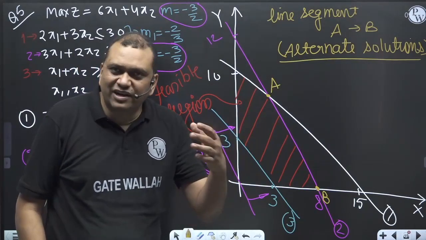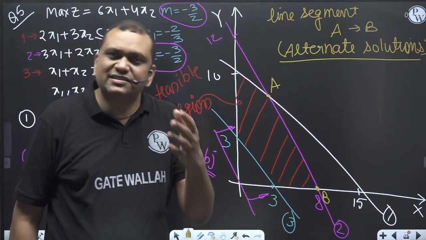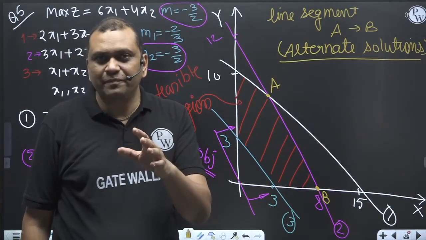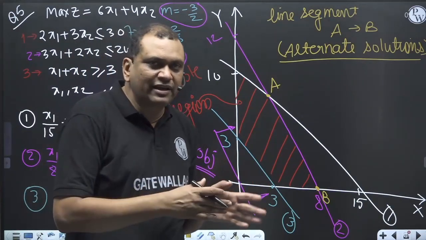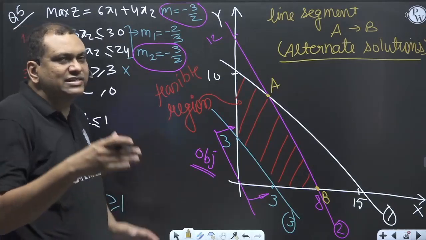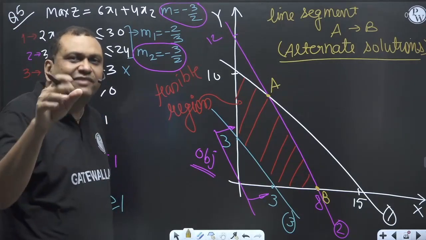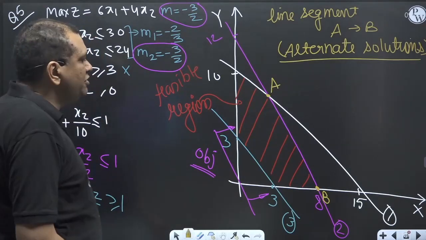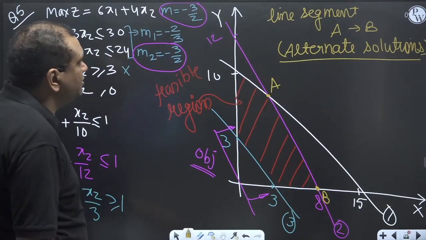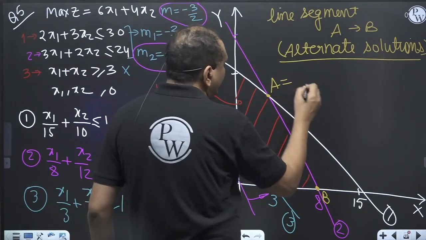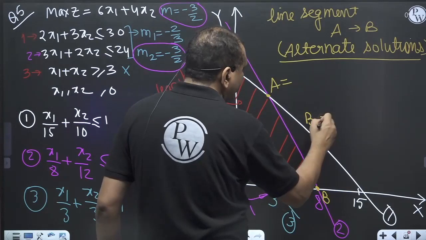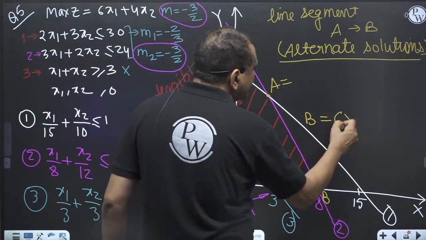Corresponding to this, what exactly happens in the simplex, I will tell you in the next lecture. How exactly this graphical method reflects on the simplex, I will tell you that. So you have to identify the points, point A and point B. Point B is easy, it's 8, 0.